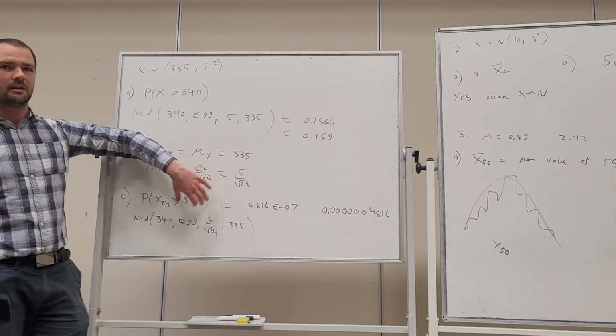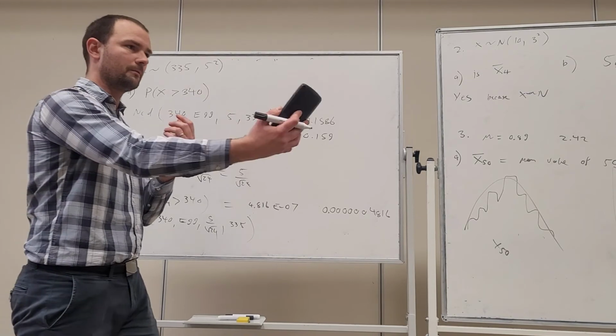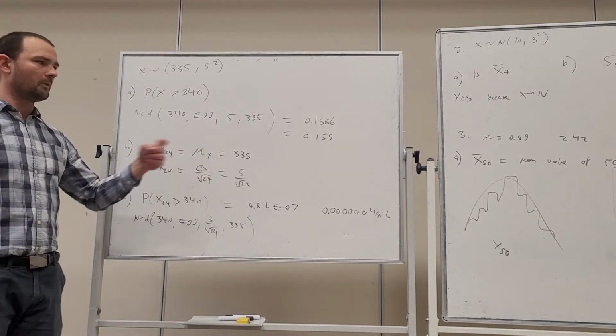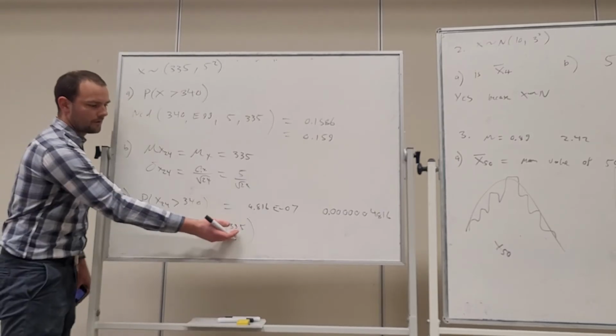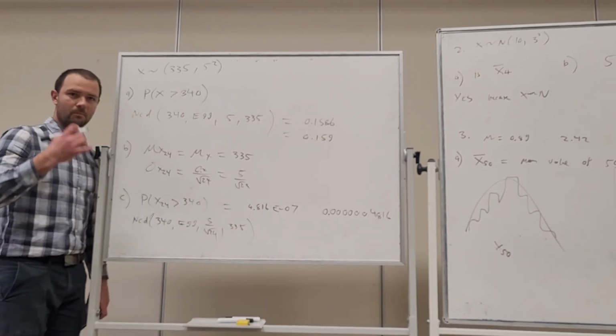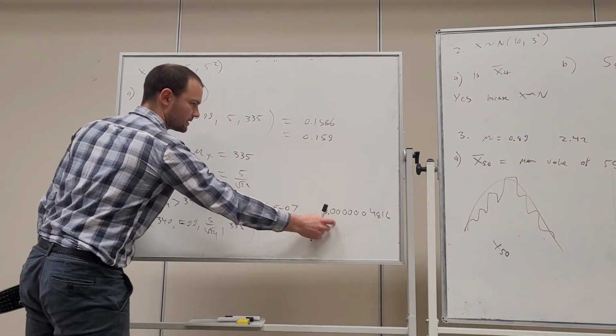So that's the difference. What's the probability of a whole box having an average volume larger than 340? And then here, what's the probability of one individual beer? If you think the mean is 335, you've got to have quite a few beers that are above the expected volume, and so that's why the probability of it is so low.